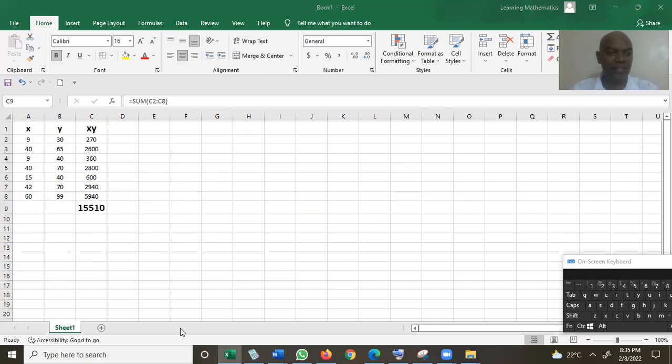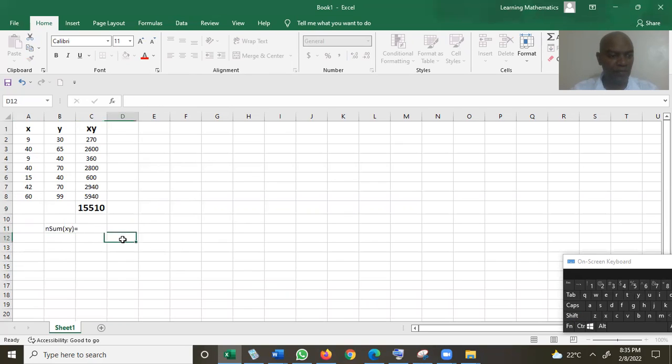So please find the xy, and after we found the xy, we have to add them up, and then multiply by 7, because 1, 2, 3, 4, 5, 6, 7. So then we can write there equal, n times the sum of xy.